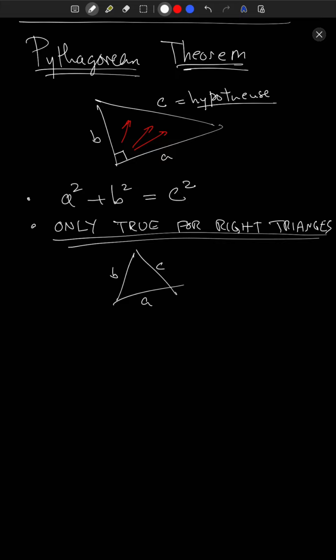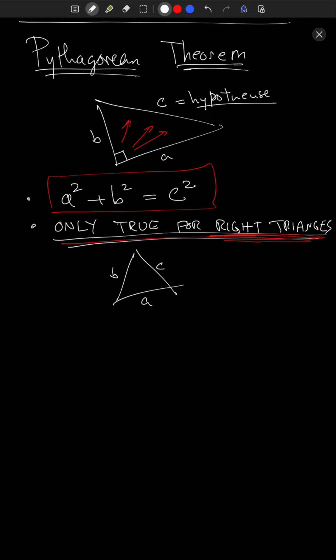We will actually talk about their relationships later on in the class. One way to think of that relationship is that it's an extension of the Pythagorean theorem for triangles that are not right triangles. But for now, make sure you remember that the Pythagorean theorem is only true for right triangles. Never try to use it for a situation where you don't have a right triangle.